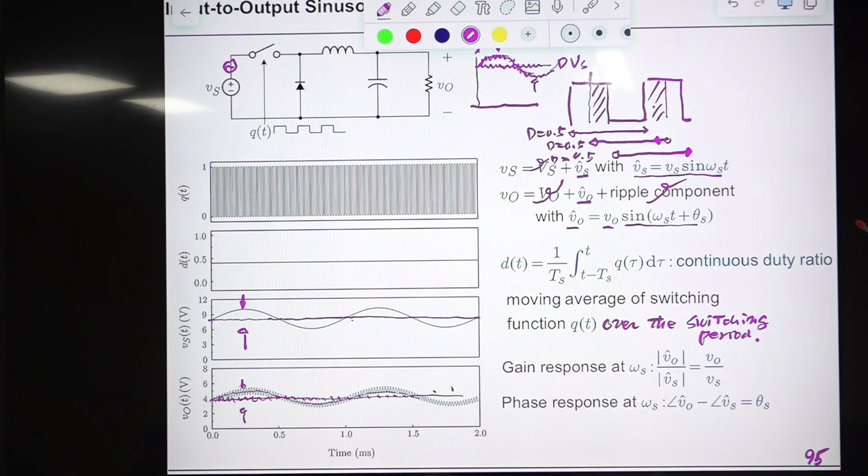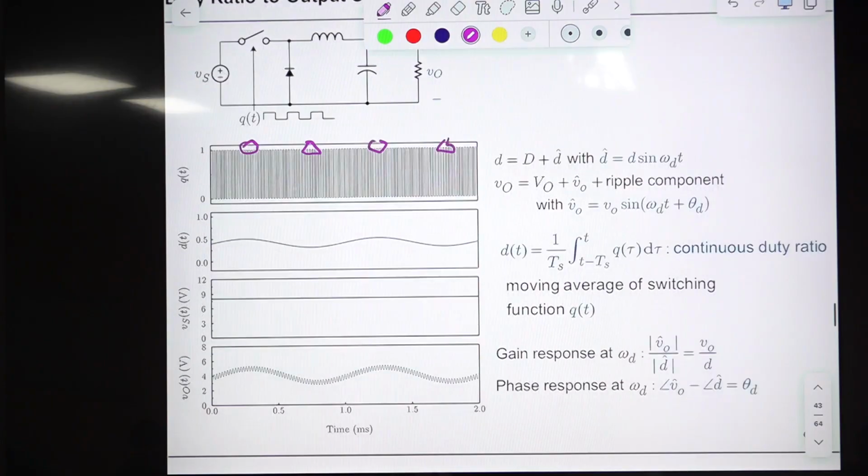Then you compare this, and the ratio between the magnitudes of these two sinusoidal waveforms is the gain response at this particular frequency. And the phase of this is 0, and the phase of the AC component of our output voltage is set as this, then the difference is the phase response of this converter at the particular frequency. So we expanded the concept of frequency response to the nonlinear time-varying PWM converter in this manner.